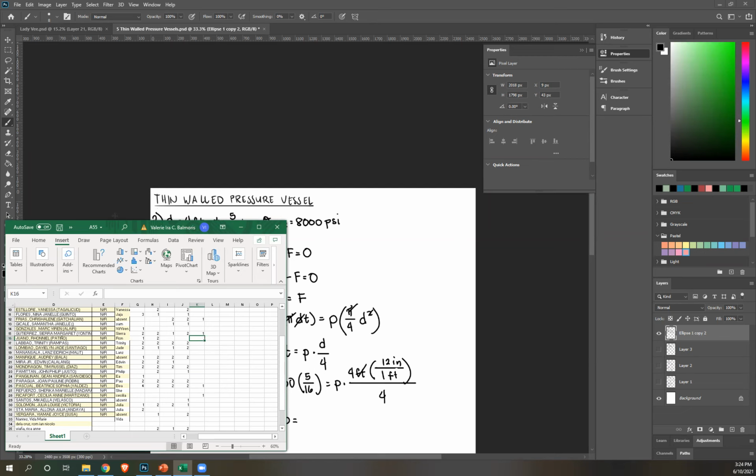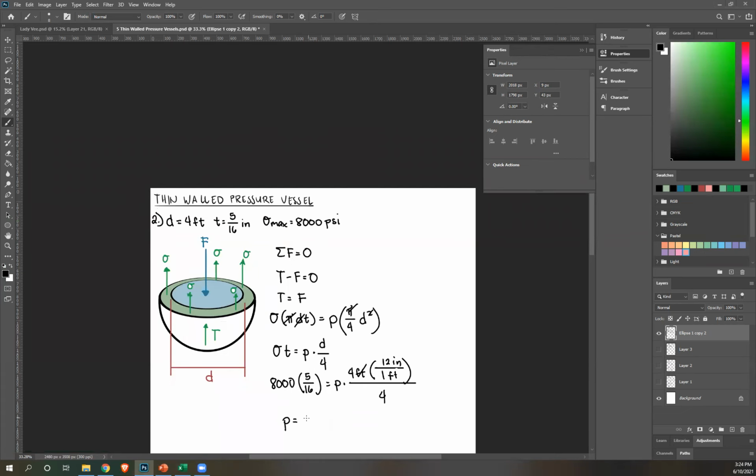Okay. That is 208.33, and then unit is the same here because that is where we base our units. PSI.